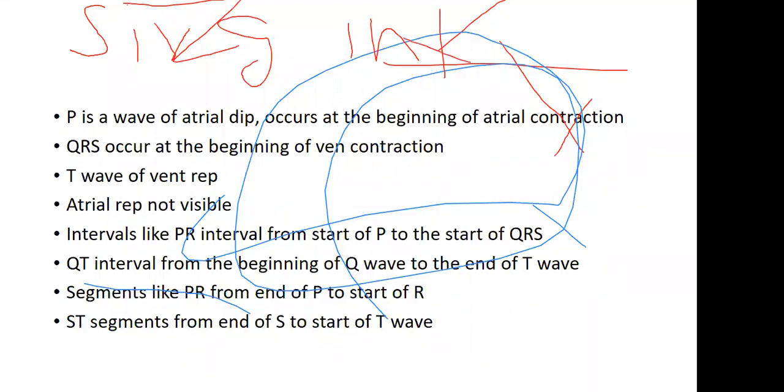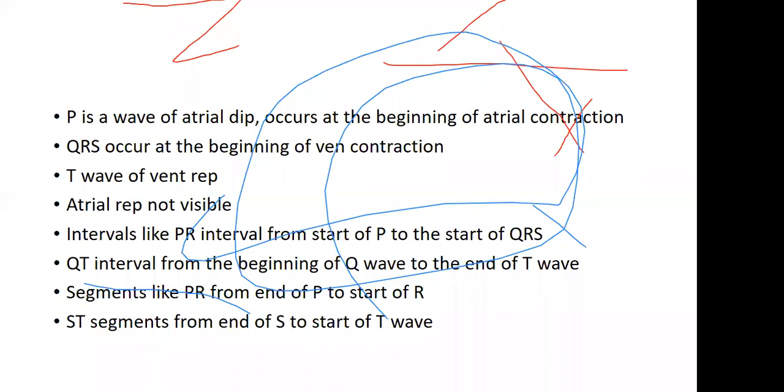The PR segment is from the end of the P to the start of the R. You know it now that the PR interval is from the start of the P to the start of the R, whereas the PR segment is from the end of the P, it excludes the P from it. It's from the end of the P to the start of the R. This small segment is called the PR segment.